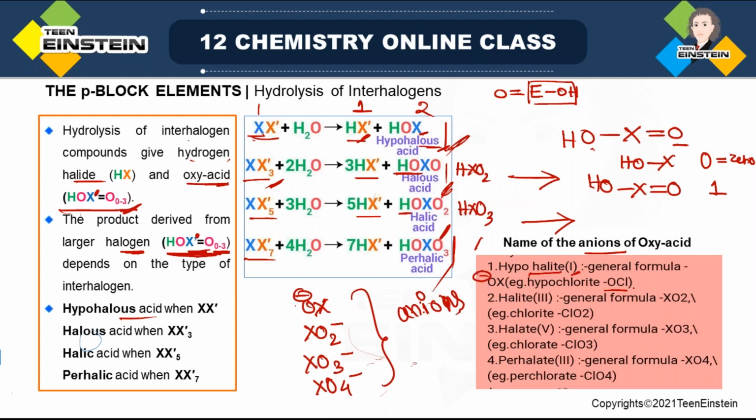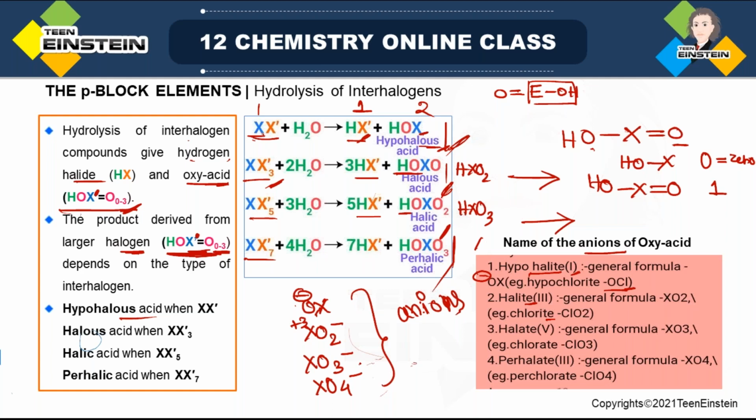Suppose X is Cl, so it will be OCl minus, and the name will be hypochlorite. Similarly, for XO2 minus, the oxidation state of halogen is +3, and it is called halite. So when it is chlorine, it will be chlorite. If it is bromine, it is bromite.